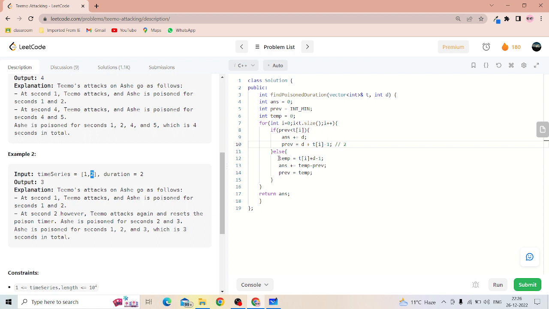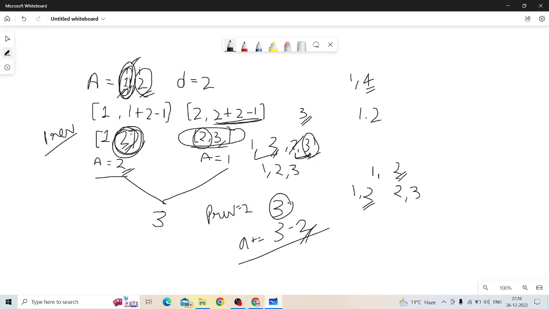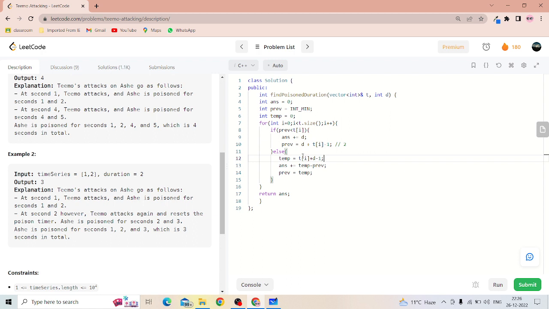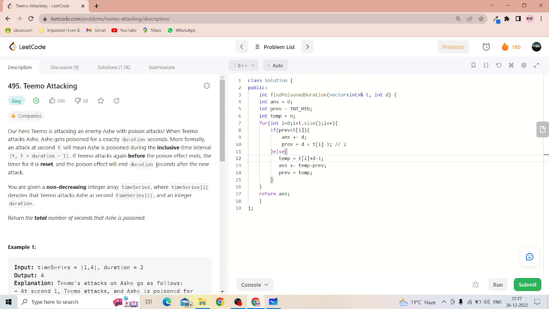So what we are doing, we are finding a temp. We are finding this range, this 3. Okay. In temp we are finding this 3. So 3 is time series of I plus duration minus 1.